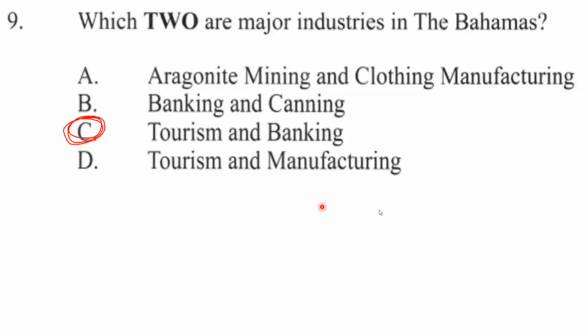B, banking and canning. C, tourism and banking. D, tourism and manufacturing. Manufacturing. Say it properly. Manufacturing. Okay. That's the correct answer. The answer is C. So, Ramon, what are 2 major industries in the Bahamas? Tourism and banking. Very good.